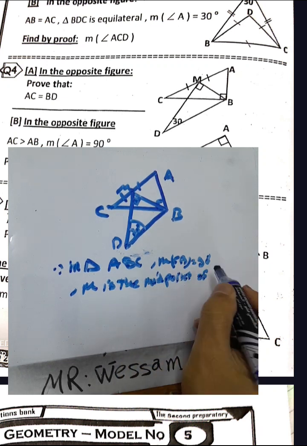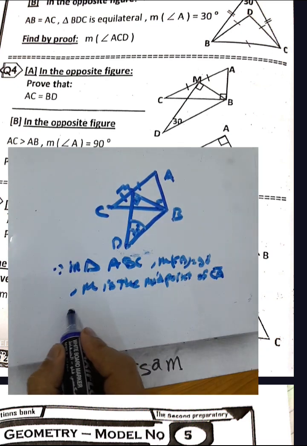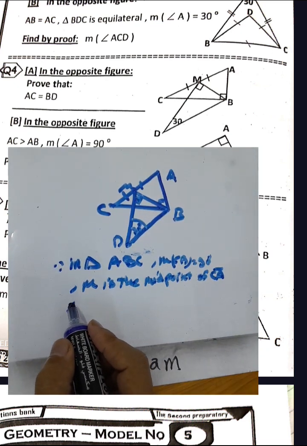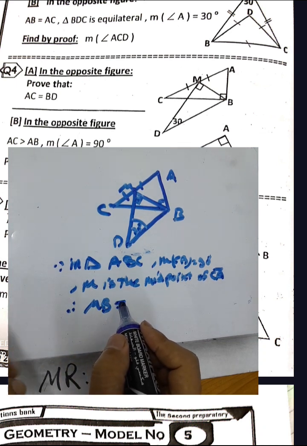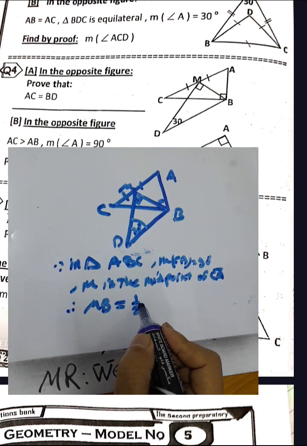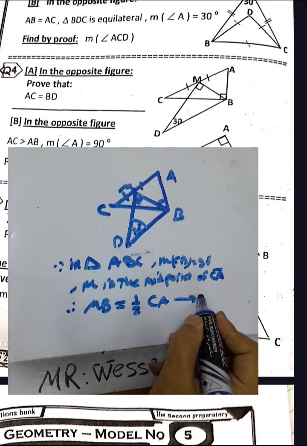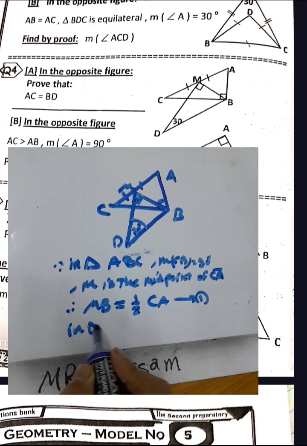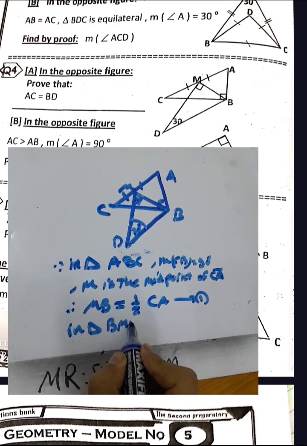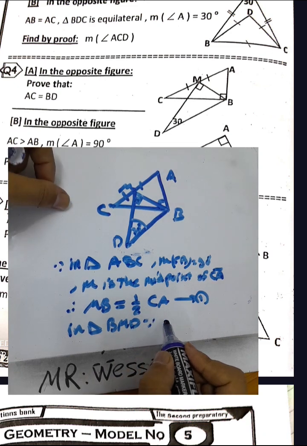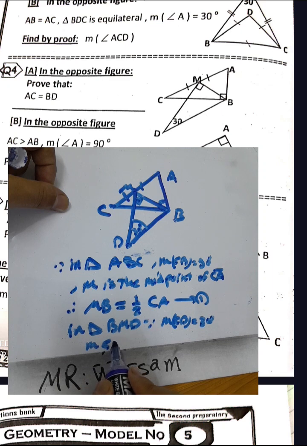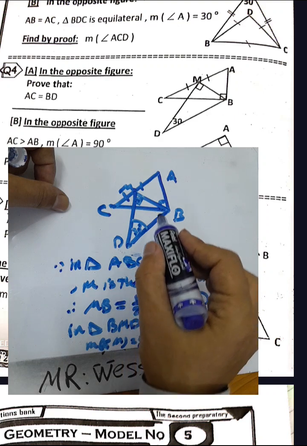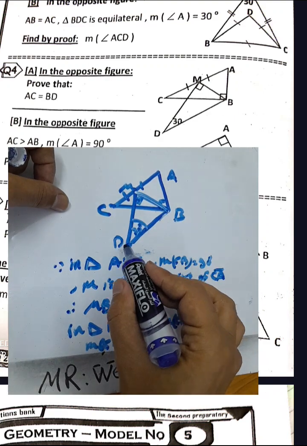of CA. Then we can write MB will be equal to half of CA. It's relation number 1. And in triangle BMD, such that the measure of angle D equals 30 degrees and the measure of angle M equals 90 degrees, then we have MB will be half the hypotenuse because DB is the hypotenuse.